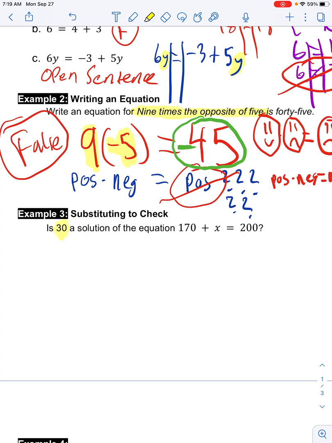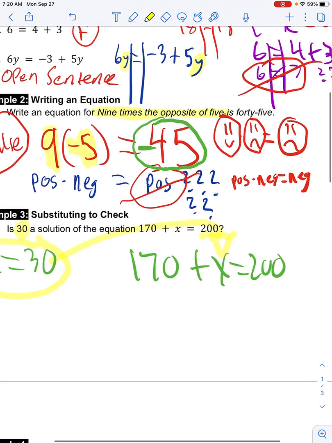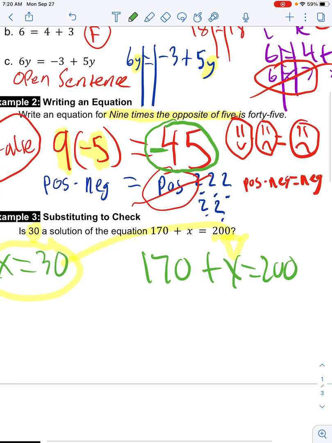So the question says, is 30 a solution to the equation 170 plus x equals 200? So they're basically saying x equals 30. And they want us to plug in, every time we see an x, this number and see if we get an equal statement, a balanced statement.